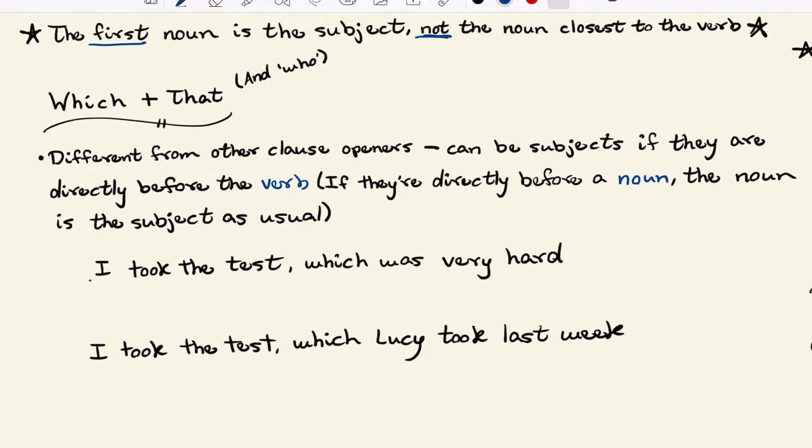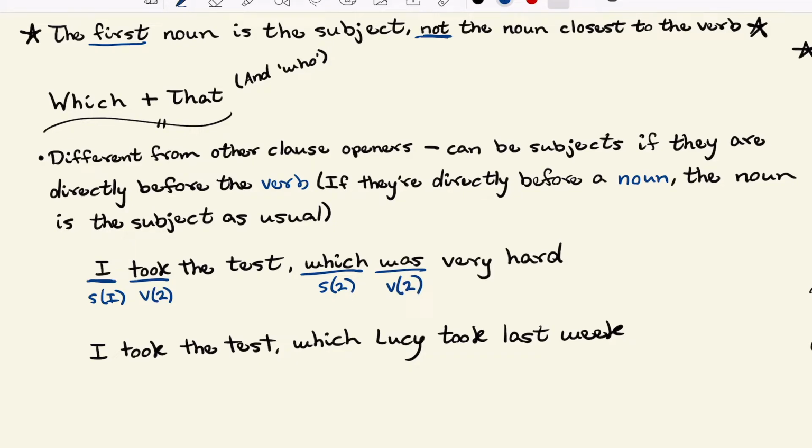So for example, here, the first subject is I, and the first verb is took. The second subject is which, because it is directly in front of was, which is a verb.